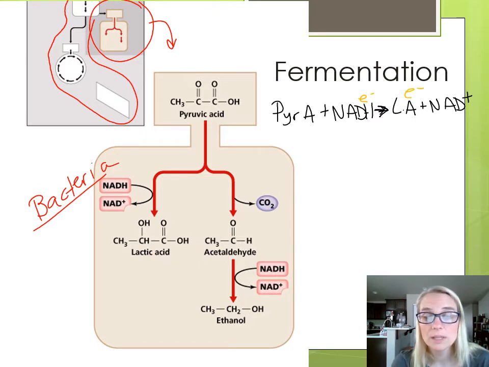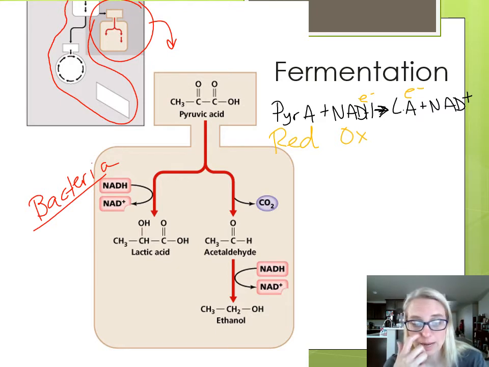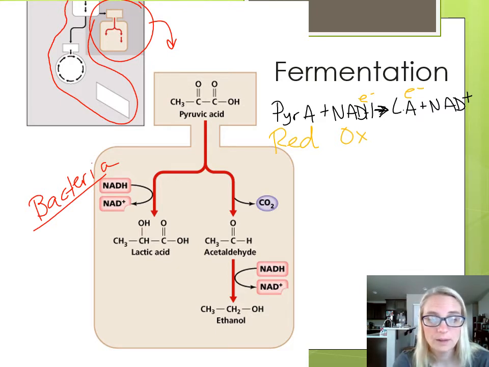So who's losing the electrons is oxidized. So that means pyruvic acid is being reduced into lactic acid. So by gaining hydrogen and gaining electrons, we are converting pyruvic acid into lactic acid. So we can actually see some of those hydrogens right here.